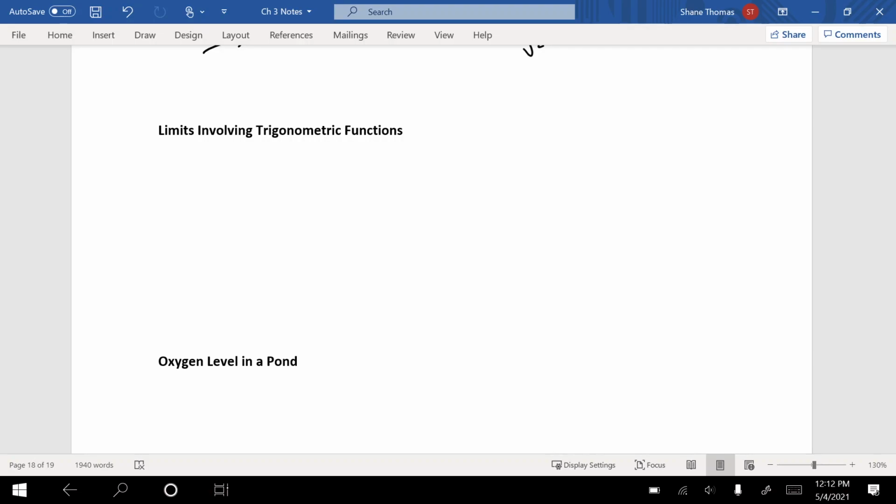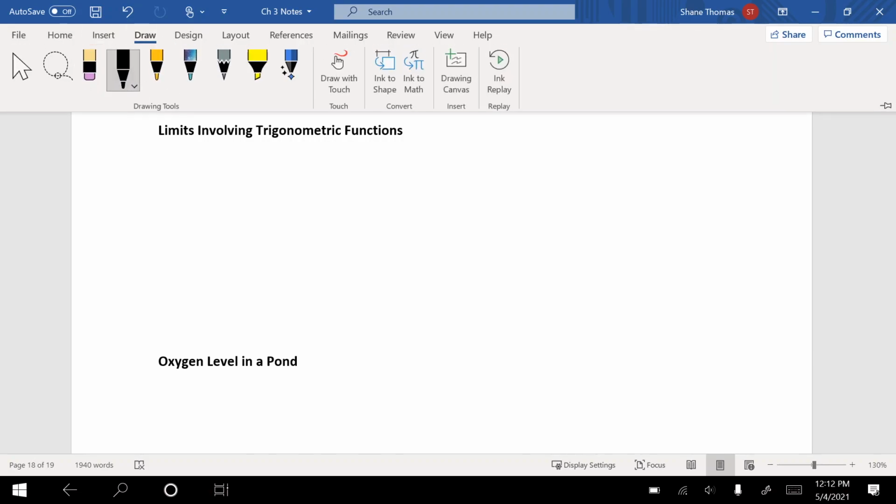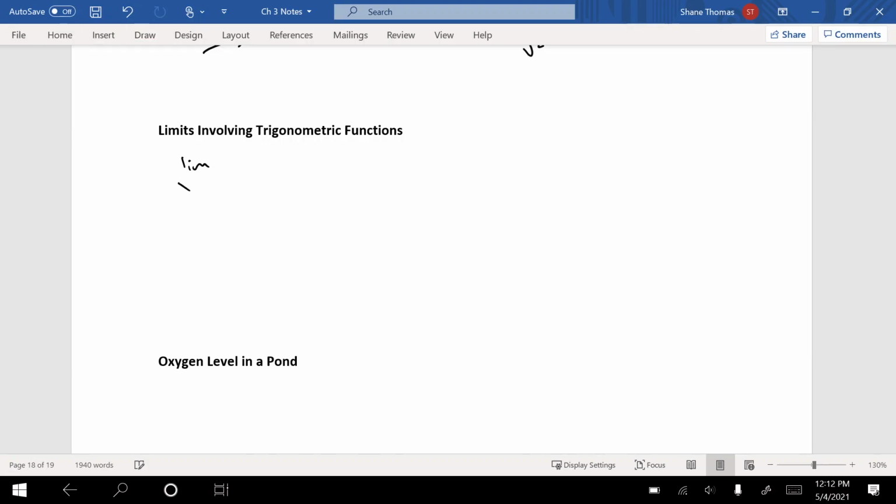All right. So limits involving trig functions. These ones are pretty easy. If I want to look at the limit as x approaches infinity of sine of x, let's think back to what sine of x is. Sine of x is just that sine wave, right? It looks like this. Doesn't it do that forever?